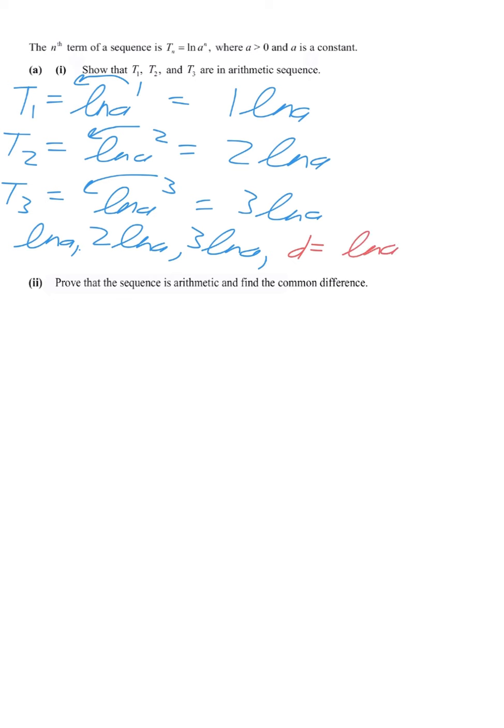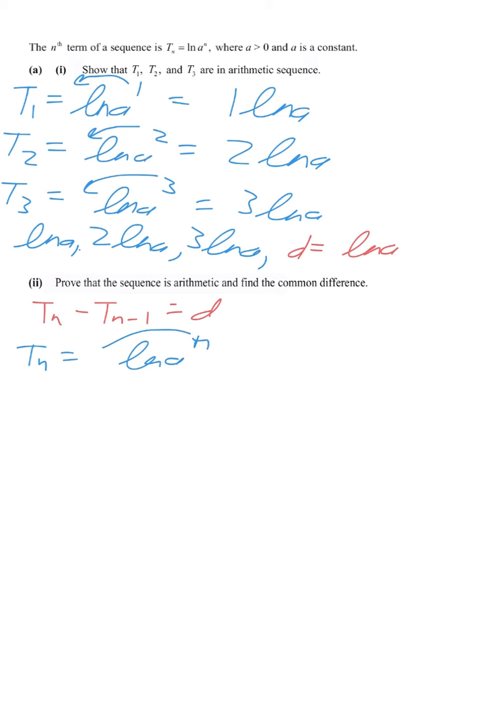Now, for the next part, we need to prove that the sequence is arithmetic and find the common difference. Remember, with arithmetic sequences, for the common difference, you'd have Tn minus Tn minus 1 equal to our difference. So our Tn is equal to ln a to the power of n.